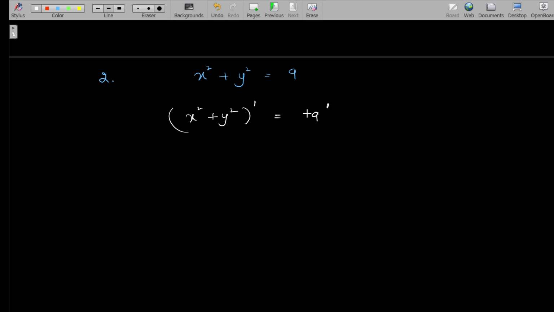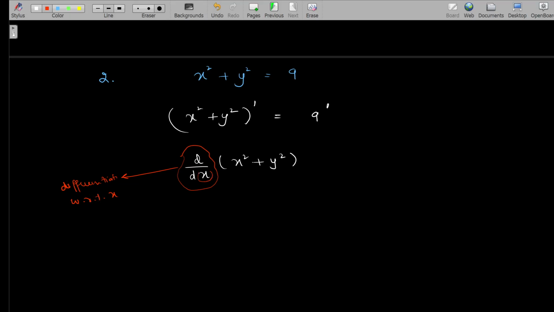Now see, this is not correct to write it like this. The correct way is d over dx of x square plus y square. Do you have to take the derivative of both sides? Yes, both sides. This d by dx represents that we are differentiating something, with respect to x.